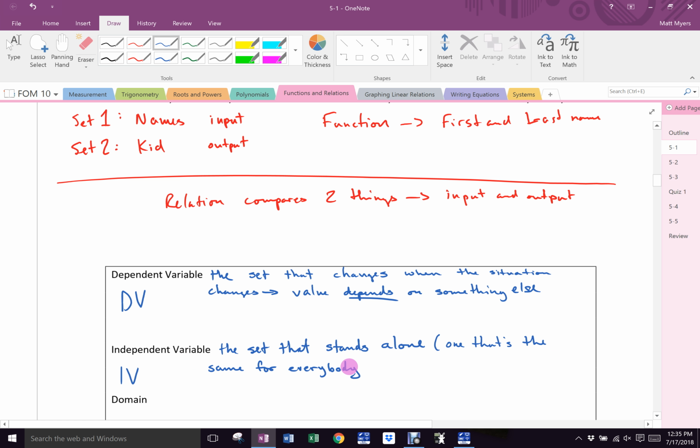Now, let's look at my previous example that I have right here, names and kids. Which one of those would you say is independent, and which one would you say is dependent? So let's pretend Mr. Brach walks in here again. What is he going to see?